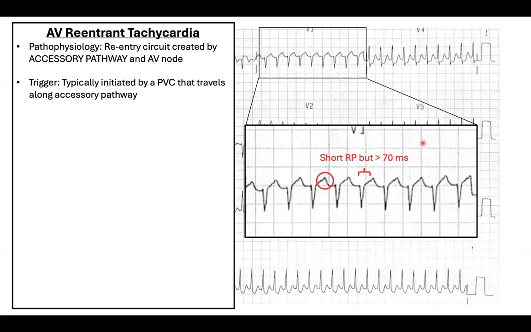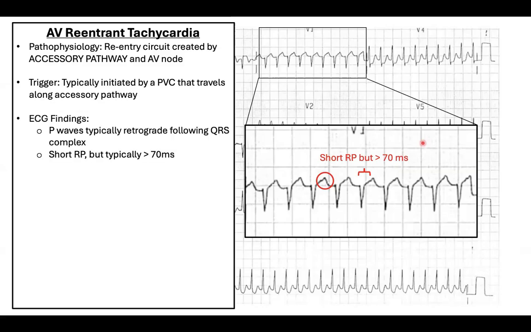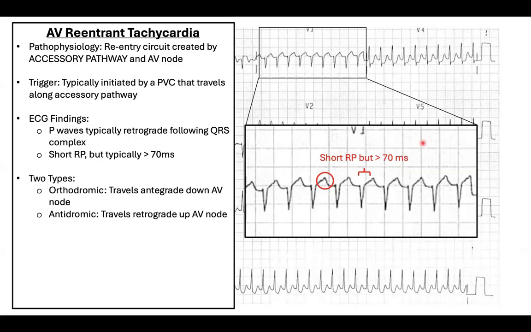Again, this is typically triggered by a premature ventricular beat that travels along the accessory pathway, or a premature atrial beat as well. And the EKG findings, as we've already touched on, are that we typically have the P waves that immediately follow the QRS complex, and again, characterized by a short RP.